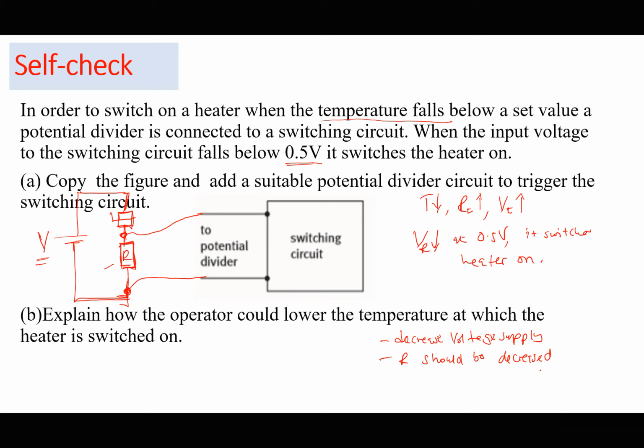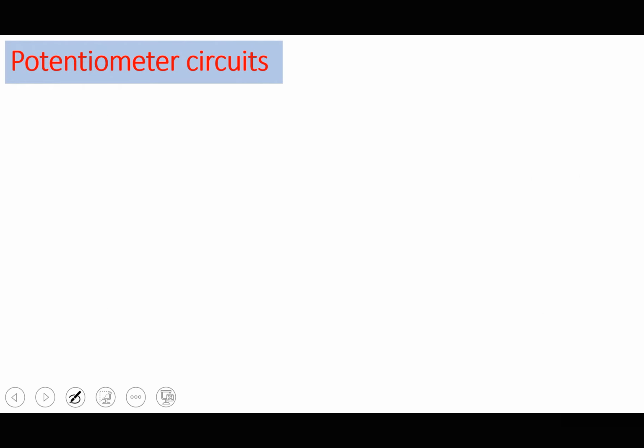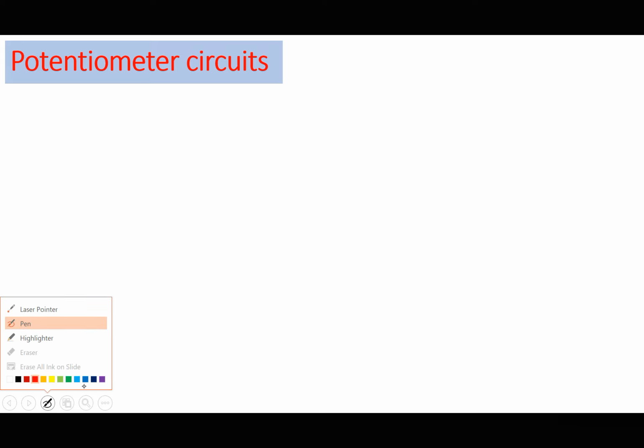Okay. Then maybe lastly, let's talk about potentiometers. Having seen sensors, let's talk about potentiometer circuits briefly. So what is a potentiometer? We have seen potential dividers, and we mentioned that whenever we have resistors in series connected across a power supply, they form what we call a potential divider because they divide potential.